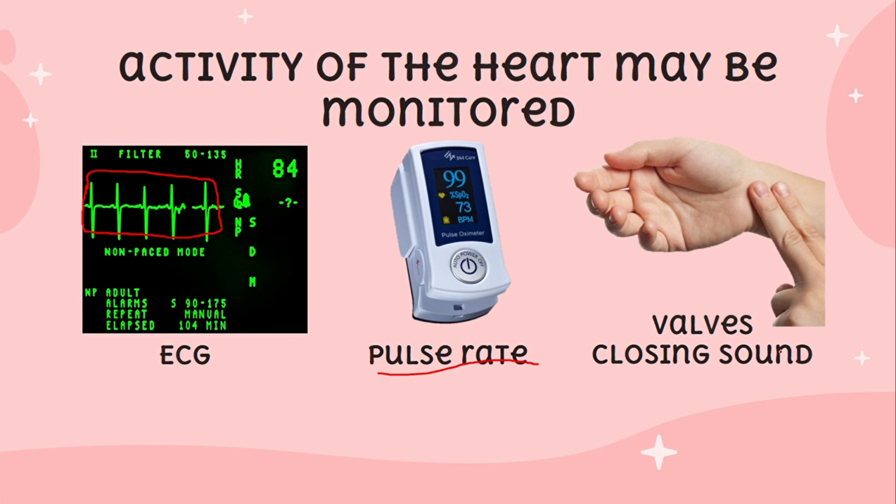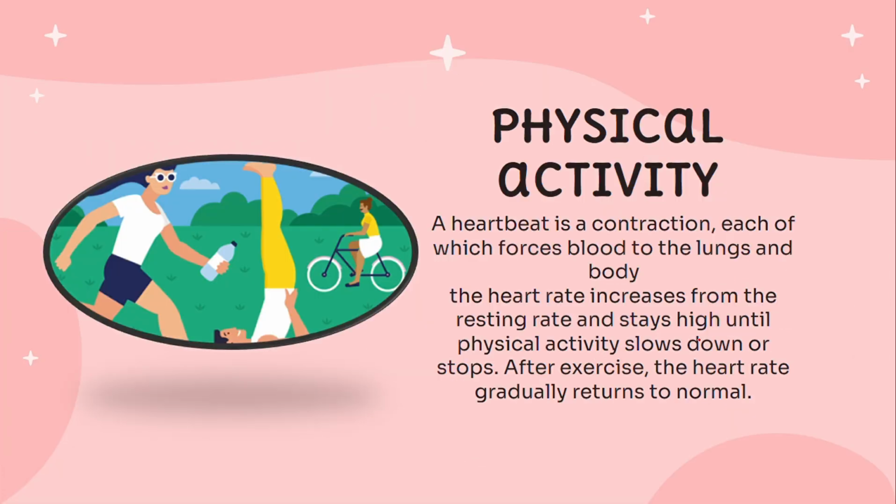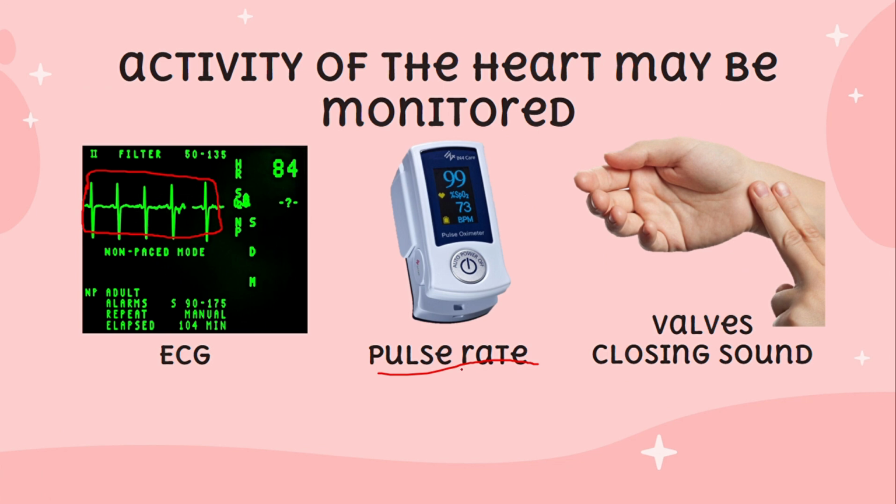Now, lastly, we have the valves closing sound. So you can detect the sound of the valves on your breast and in a certain area in your neck. You can notice this sound or this vibration that happens, I guess, from the valves, so you can know exactly your heart rate. But the most efficient ways are the pulse rate and the ECG.